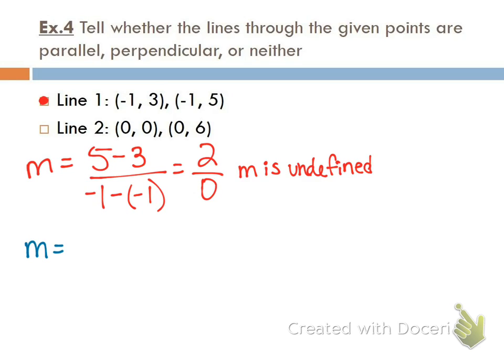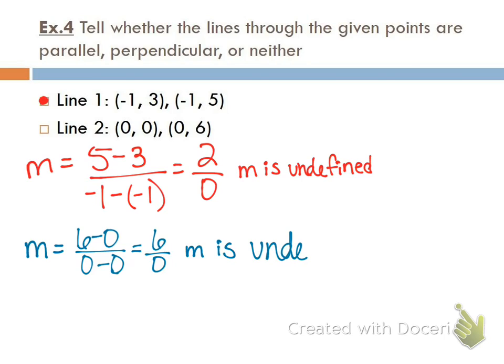For line 2, in my numerator, y minus y. What do you want to do? Okay, 6 minus 0 over 0 minus 0. That would give us 6 over 0, so my slope is undefined again. So we were asked, are these lines parallel, perpendicular, or neither?